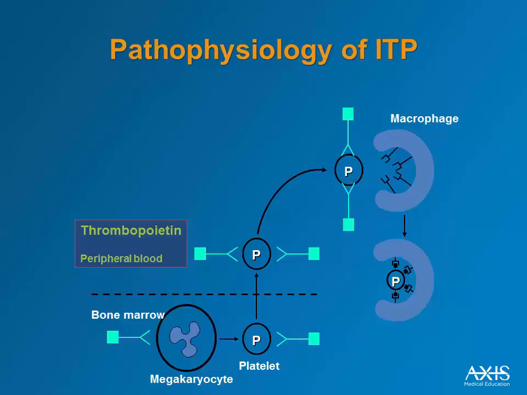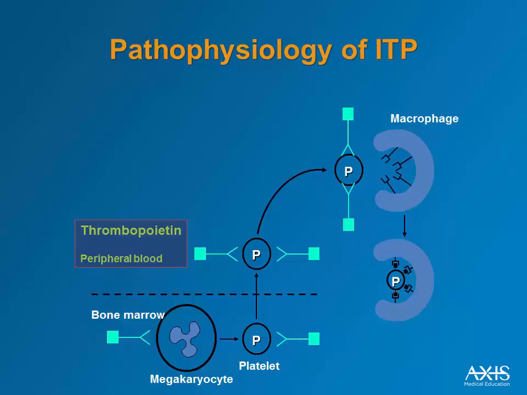I would say the main thing that's missing here is some of the more complex immunology. In other words, for example, there's no indication on this slide of the role of activated T cells. But if you start on the lower left of the slide as you're looking at it, you can see there's a megakaryocyte in the bone marrow.